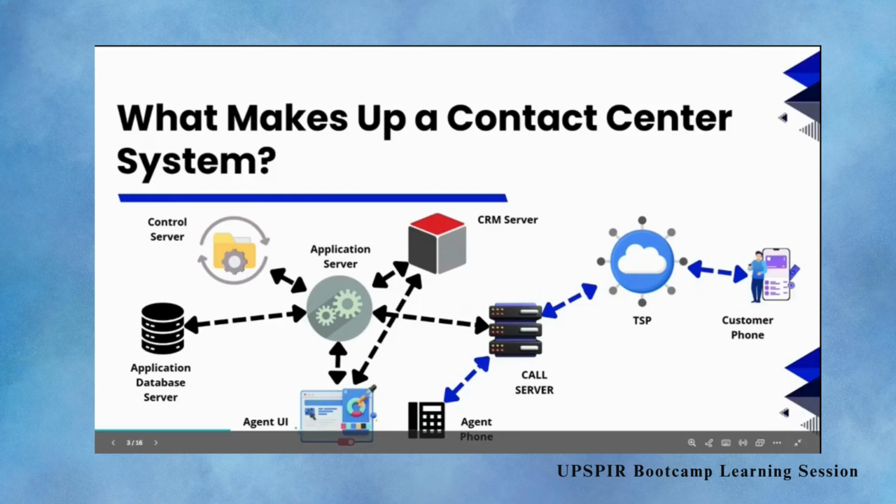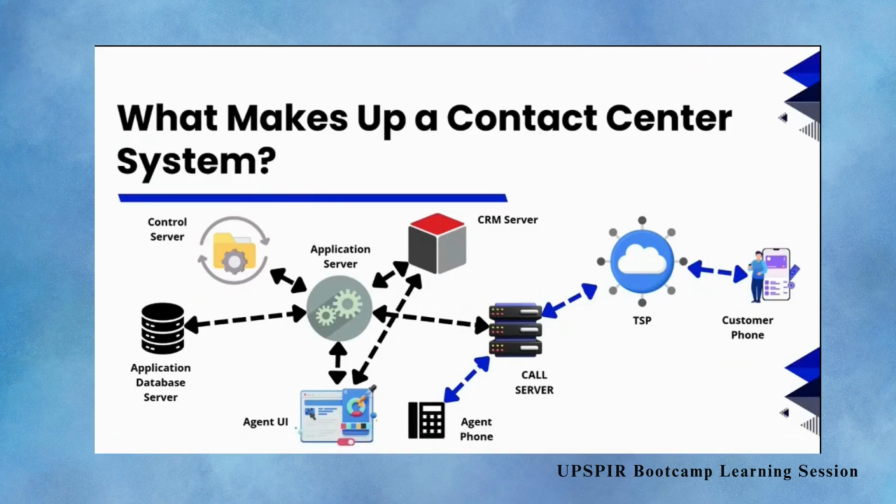Today we have the concept of a soft phone also. Your agents might be using a soft phone, or what I should say is software which can handle the call, and it talks to the call server. The call server in turn is talking to the application server. So there are API integrations or CTI integrations between them.